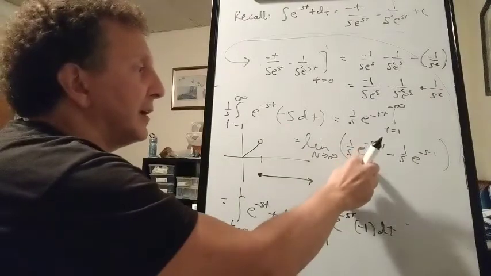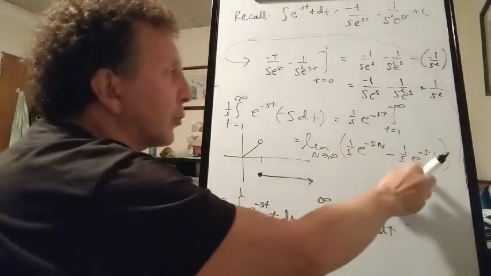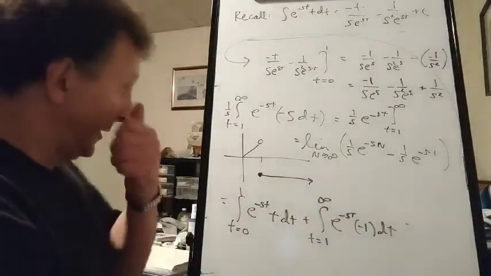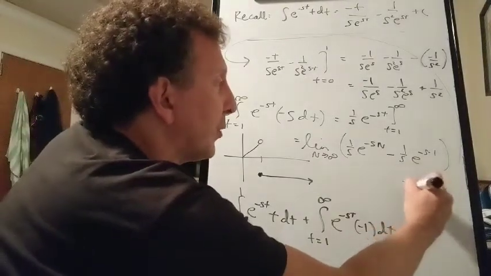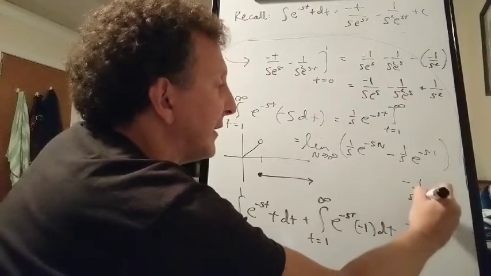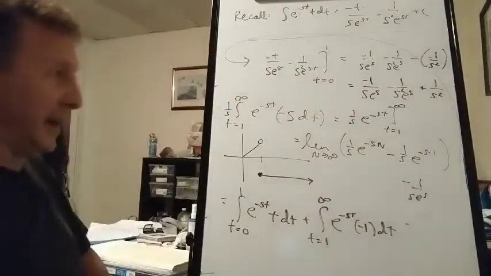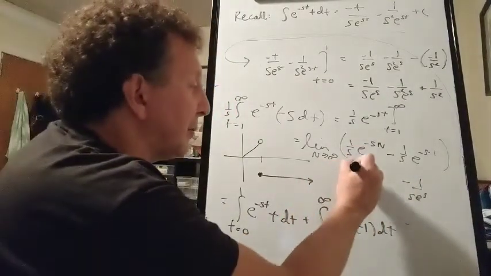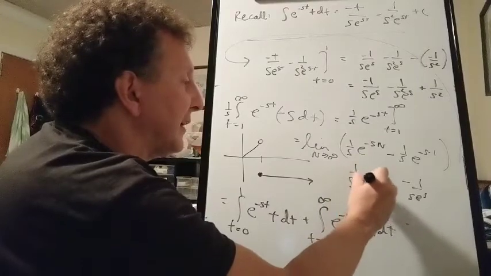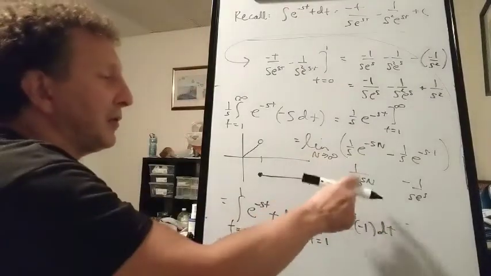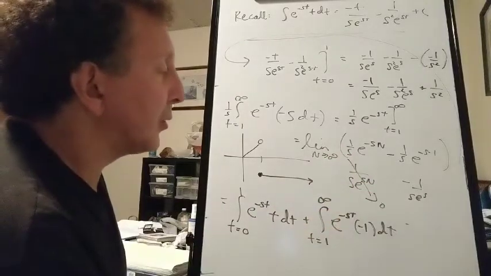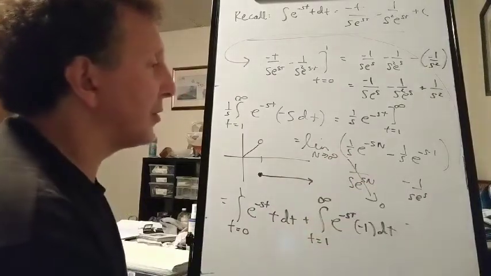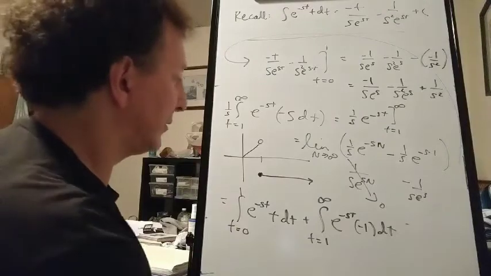So plugging in capital N, plugging in 1 and subtracting. So this is going to be minus 1 over s e to the negative s. And as n goes to infinity, what happens to 1 over s e to the negative sn? Well, as n goes to infinity, this is going to go to 0, so we don't need that. So we just have negative 1 over s e to the negative s.